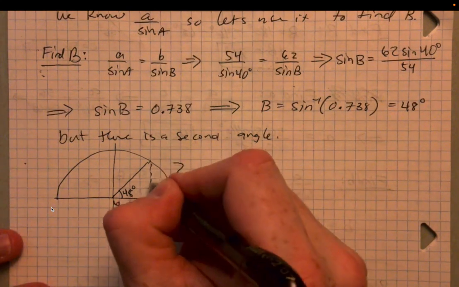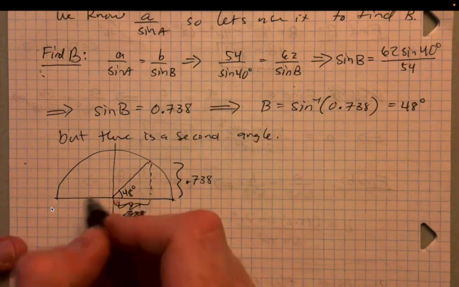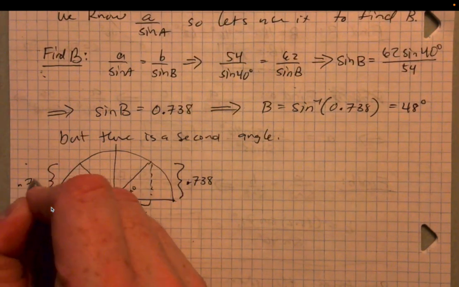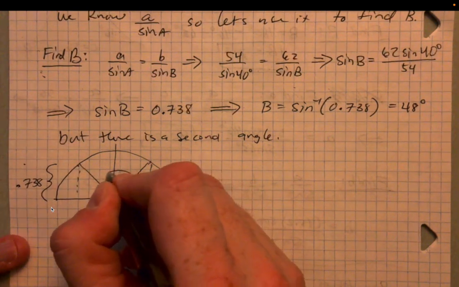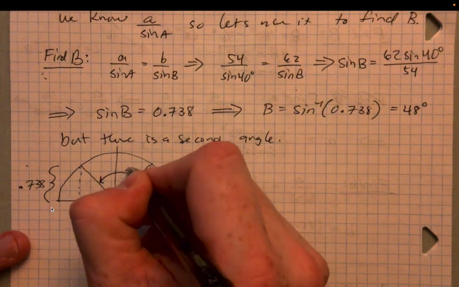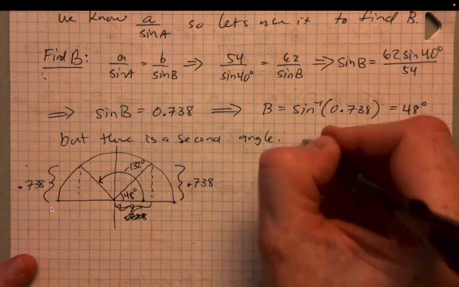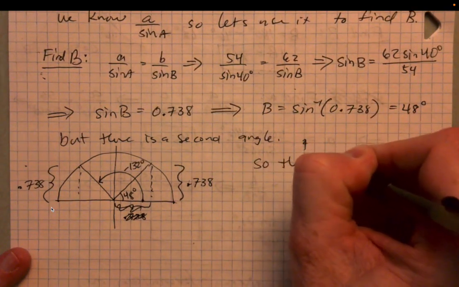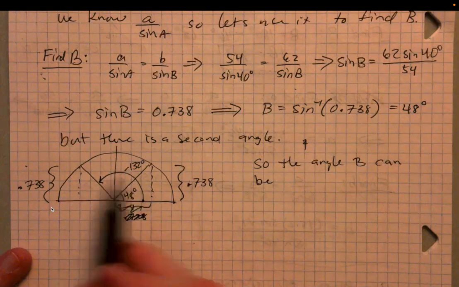So the vertical length here. And so there's another angle that works for the sine as well. Actually, it's over here, right? So this is also 0.738, isn't it? And what angle is that? If I start over here and I go all the way around, well, it's like 180 minus 48, and you find that that's 132 degrees. Okay. So what this all amounts to is that the angle B can be either 48 degrees or 132 degrees.